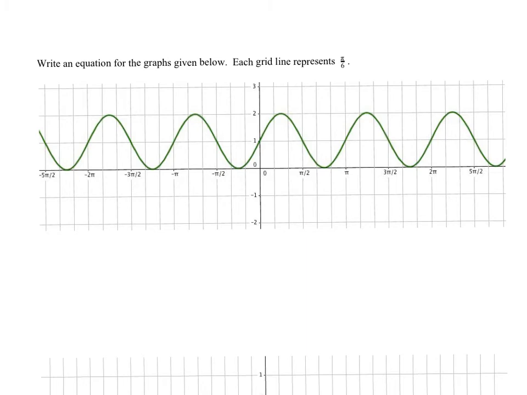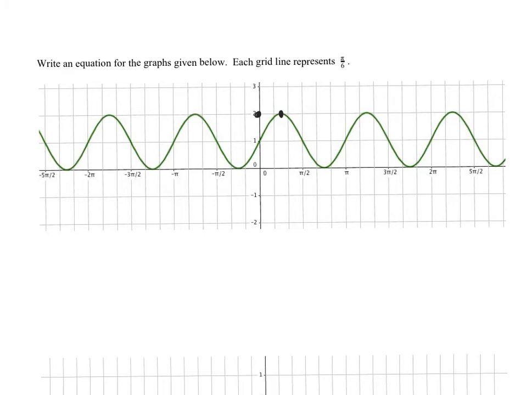So if we're looking at our first example here, if I were to take my maximum point and move it so I was on the x-axis, I would be starting at 2. And I know that my cosine function starts at a positive value.